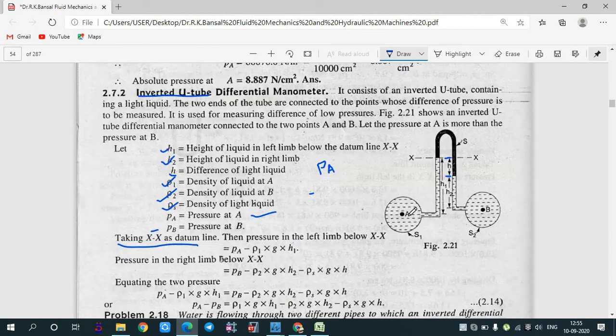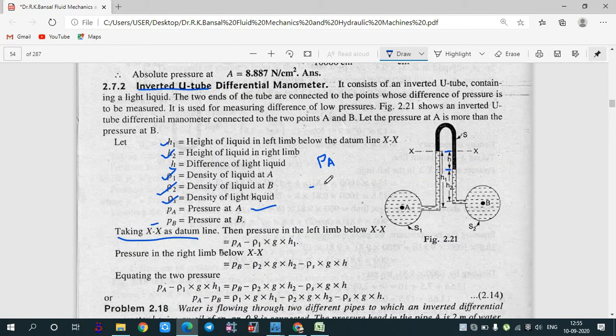Now in the inverted case, we need to take it minus. The first liquid has density rho1, multiplied by g and H1. In the left limb there is only one liquid, so the pressure is PA minus rho1 g H1. Now we will calculate the pressure in the right limb.